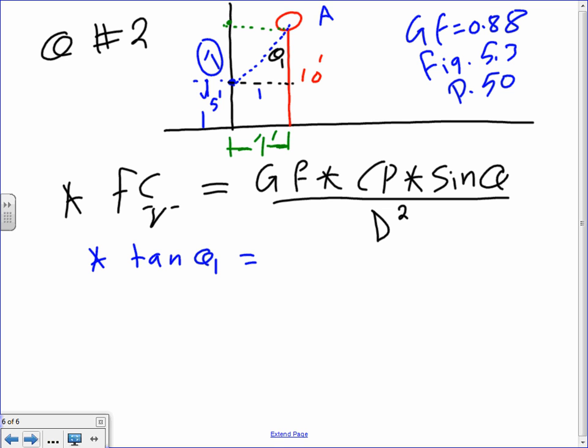This is 1 and this is what? 5. What's tan Q1? The opposite over the adjacent. The opposite is 1 over the adjacent, which is 5, right?